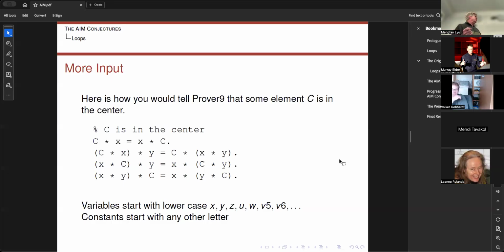Prover9's convention is that variables start with lowercase x, y, z, u, w, and then v's, and constants are anything starting with any other letter of the alphabet. So here's, for example, something specifying that some special element c is in the center. It commutes with everything and it associates with everything.